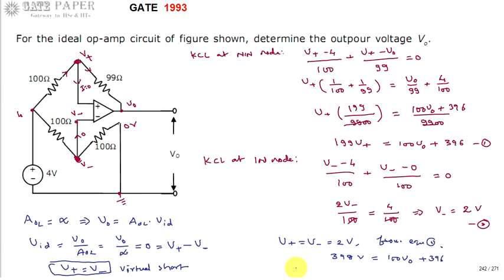So 100 V0 is equal to 2 volts, and V0 is equal to 20 millivolts. This is the right answer. So the output voltage for this circuit, which consists of a bridge, is 20 millivolts. Thank you.